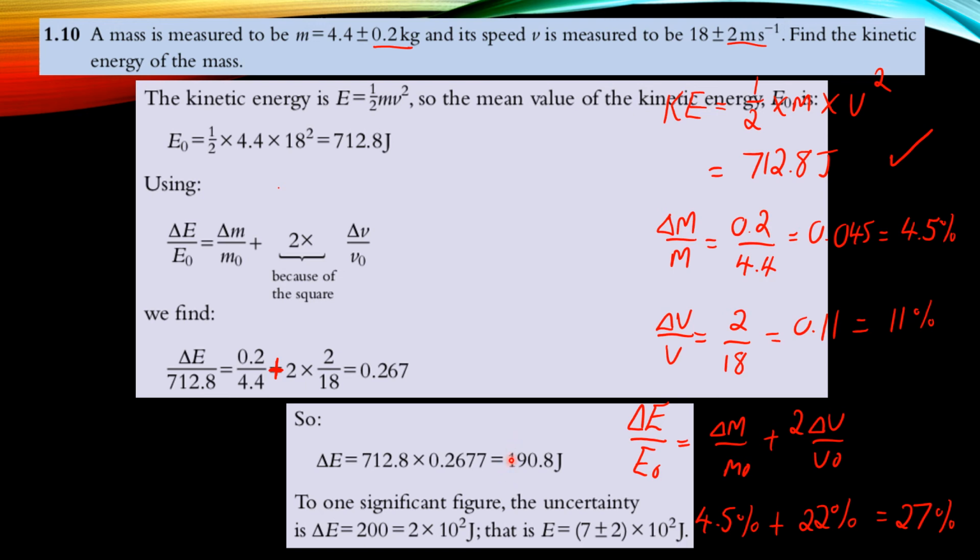And since we're rounding this to the nearest 100 joules, we've got to be rounding the energy itself to the nearest 100 joules. So this is going to be 700 plus or minus 200 joules, or 7 plus or minus 2 times 10 to the 2 joules.